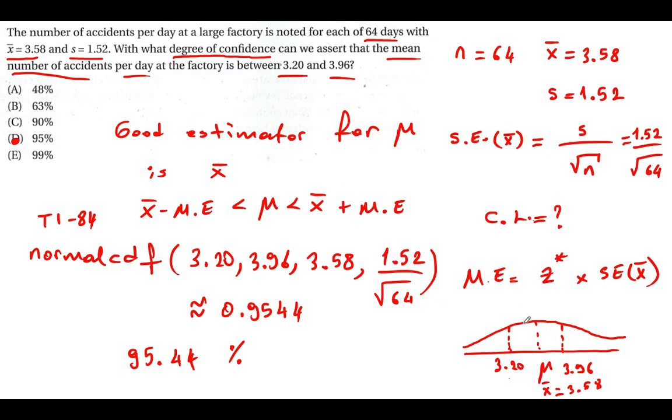So this area is 0.9544. So the probability of the accidents per day, by using this information, we can say that between 3.20 and 3.96 is 95%.